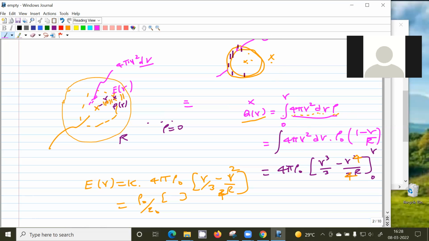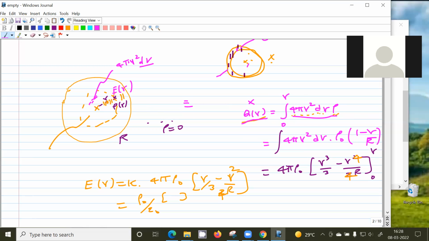If you integrate from r equal to 0 to r equal to r, I'll get the total charge. What is the unit of dr? It is meter only, same as r. If I integrate from 0 to r, I'll get the total charge inside small r.